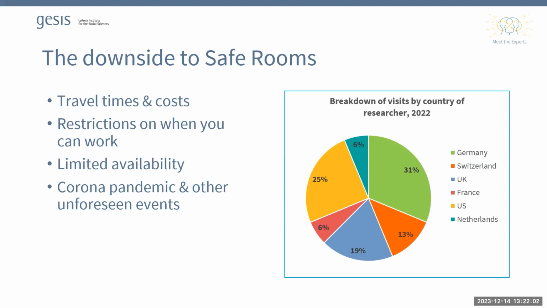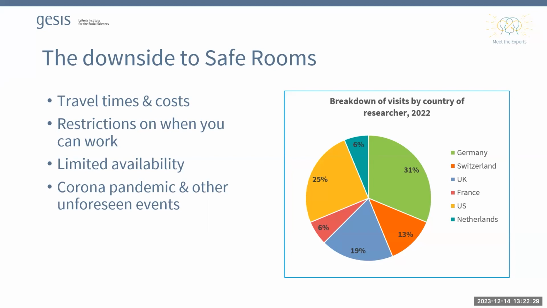And this becomes particularly problematic when you look at the researchers we have visit us. Last year, which is the first set of post-pandemic figures we have, actually two thirds of our visitors came from outside of Germany. So this is not a simple practical solution for researchers.